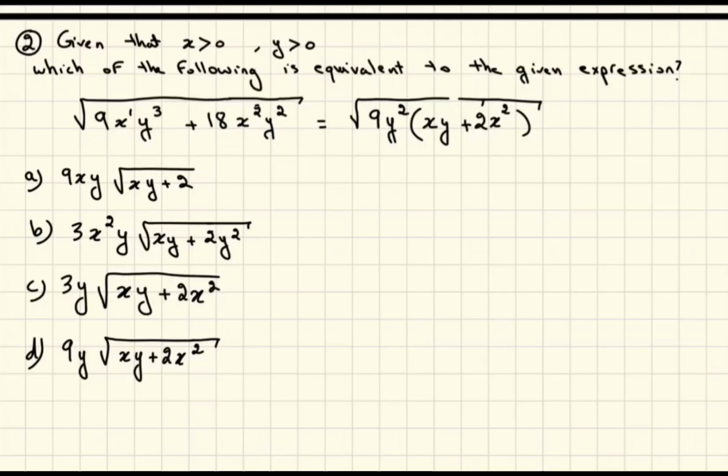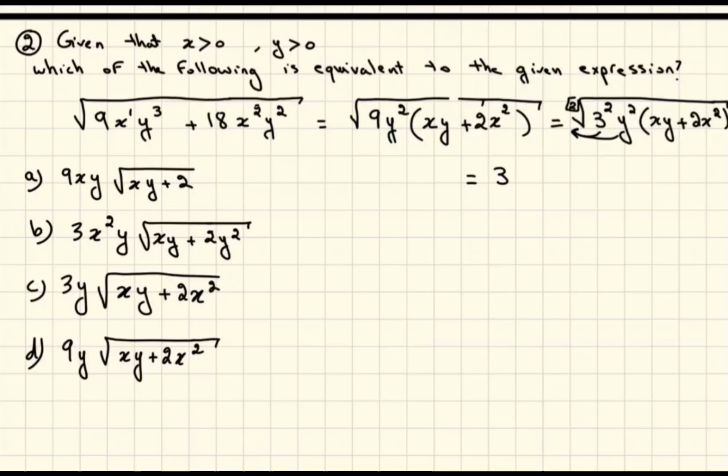Alright, I will write radical. Instead of 9, I know it's 3 squared. This is y squared, xy plus 2x squared equals to anything with exponent 2, because we have a hidden 2 here, because they are exactly the same thing. This can be taken outside, same thing for the y. So we get 3.